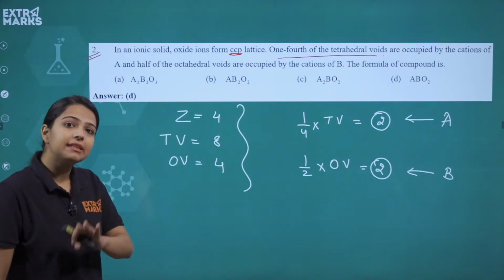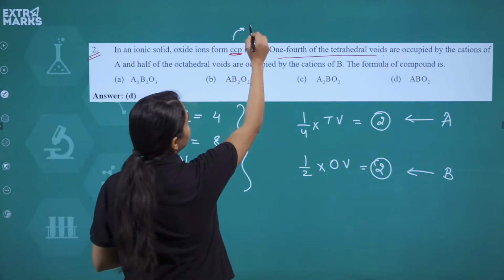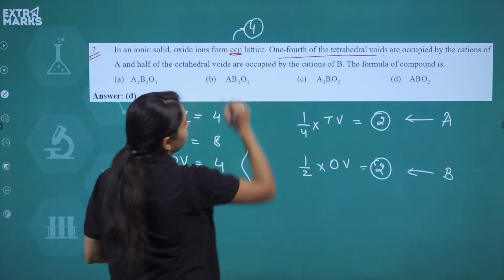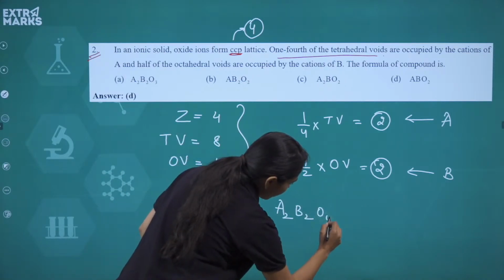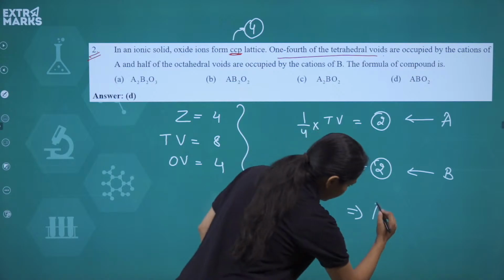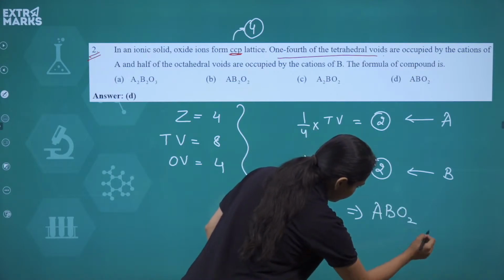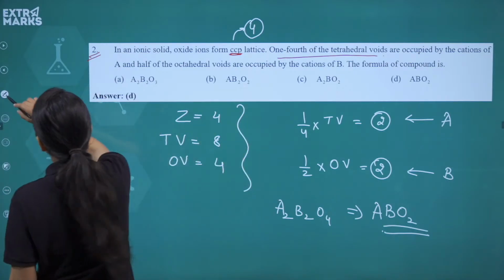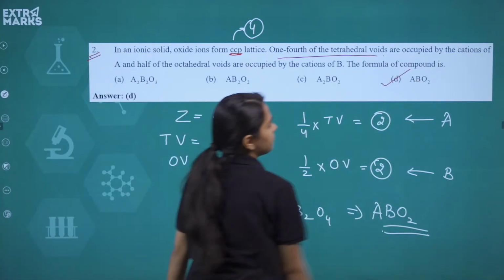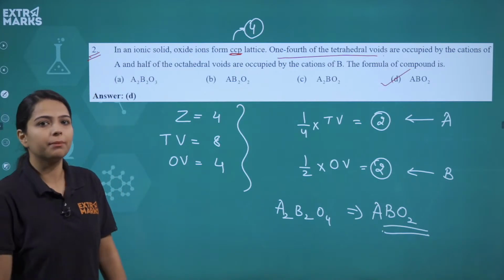Oxygen is present in the CCP lattice, and in CCP lattice we are having 4 atoms, right? So the structure will become A2, B2, O4, and when we simplify this further, this will become ABO2. So by default, my answer over here is going to be option D. Alright. Next question, number 3.